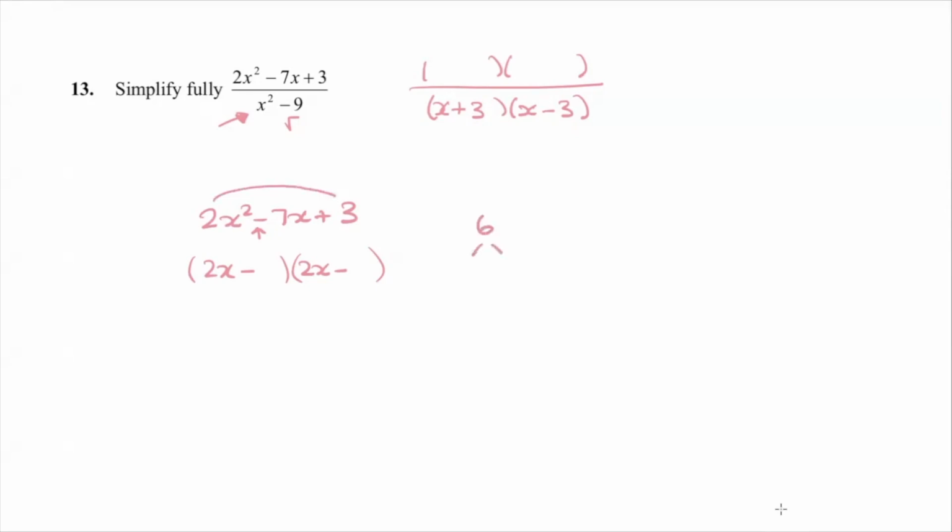What multiplies to make 6? 1 and 6, 2 and 3. But I do want to make 7. I can't get a 7 out of that combo. It is the 1 and the 6. And I can just throw that in. And it's as simple as that. Knowing the little trick with the negative here just takes away a lot of the hard work.